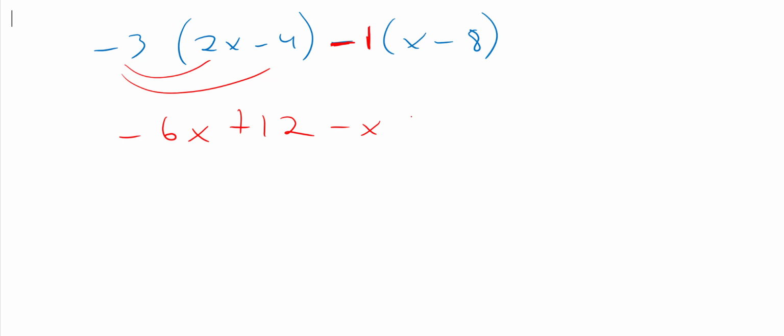Negative 1 times negative 8 is positive 8. All right, cool. So the negative 6x and the negative 1x go together. So negative 6 minus 1. Again, if you're not sure, put it in your calculator. Negative 6 minus 1 is negative 7x. And then 12 plus 8 is 20.